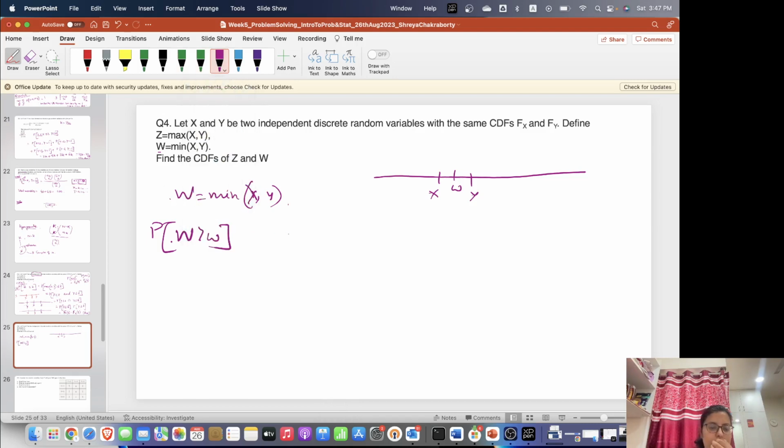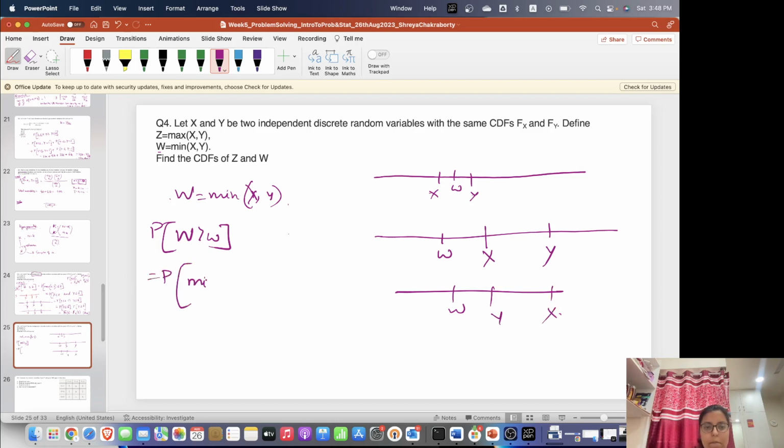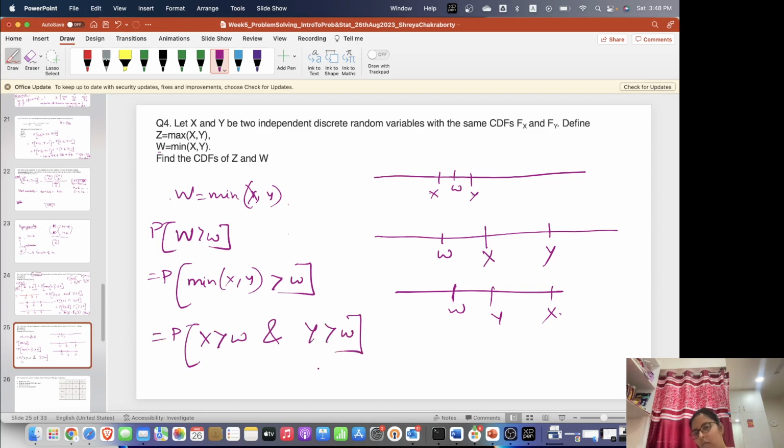So the probability that capital W is greater than w, where this is w, and x and y or y and x. It means the probability that the minimum of X and Y is greater than w. This means w has to be less than both X and Y. This means the probability that X should be greater than w and Y should be greater than w.